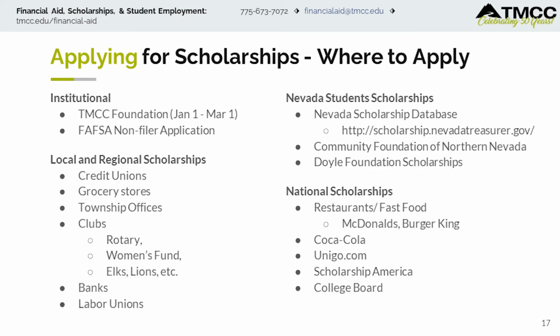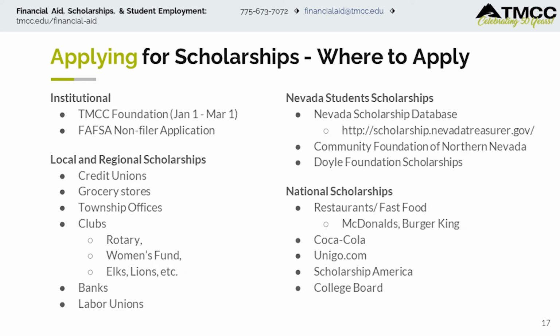Students can also look into scholarships through different places instead of just by category. The different places to look can include their institution, local and regional organizations or companies, state organizations, databases or companies, and national databases.